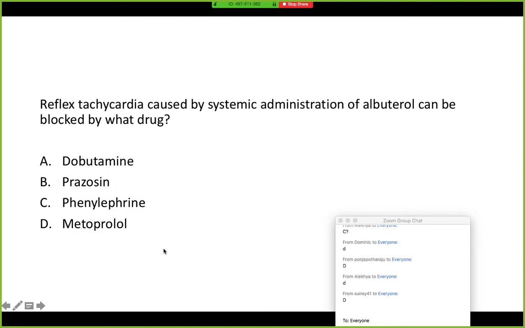Yeah, so why are you picking D? Why is D the correct answer? Right, beta 1 blocker to decrease the heart rate. Yep, exactly.